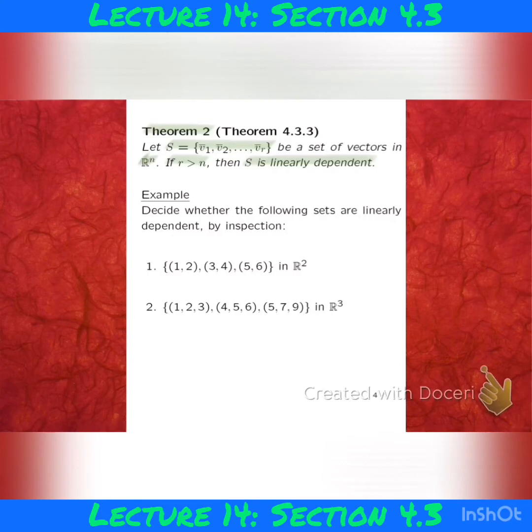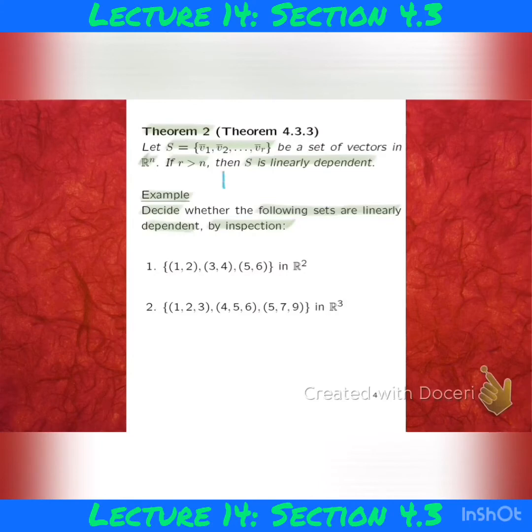All right, now if we go back to this theorem and look at the example, we need to decide whether the following sets are linearly dependent by inspection. If you look at the first set, is it linearly dependent or independent?